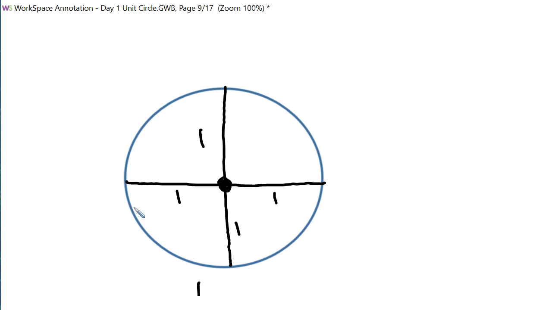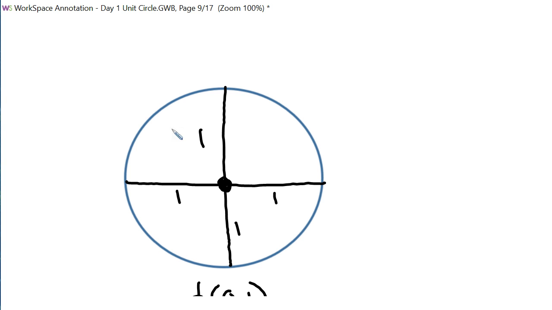If I'm at the origin, if I go 1 unit up, what would that point be? 0, 1. If I go back to the origin and move 1 unit to the left, what would that point be? Negative 1, 0. If I go back to the origin and move down 1 unit, what would that ordered pair be? 0, negative 1.